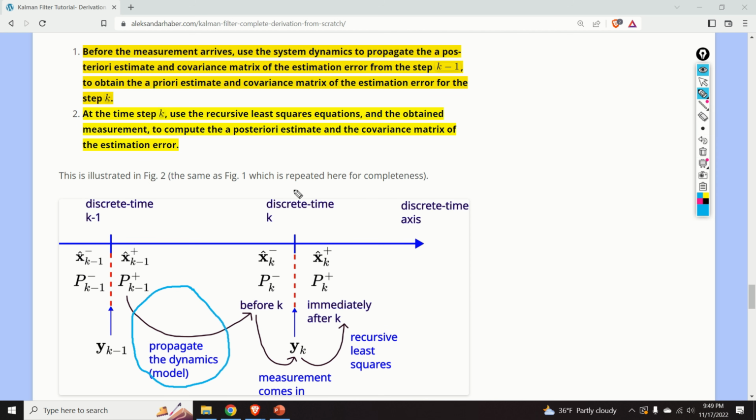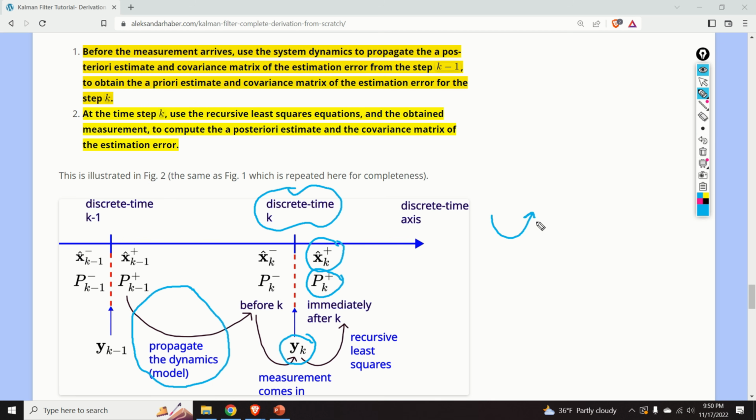Then, at discrete time instant k, we use the recursive least squares equations and the obtained measurement to compute the a posteriori estimate and the a posteriori covariance matrix of the estimation error. So that's the main idea of the Kalman filter.